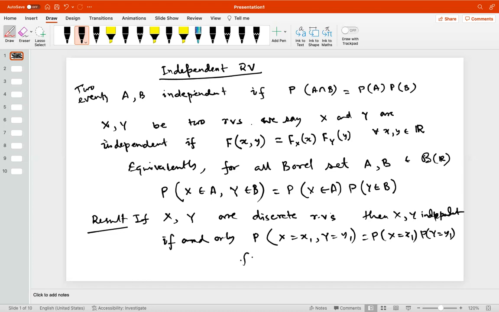That is, the joint mass function of X, Y at the point x, y is the product of the mass function of X and the mass function of Y for all x, y. So this is the equivalent result for the discrete case.